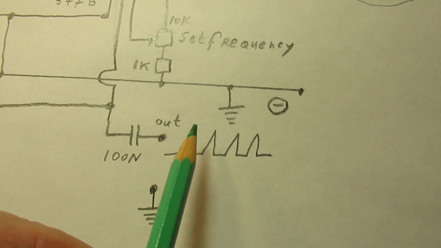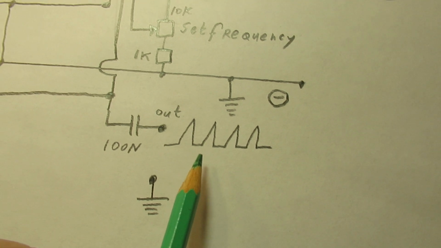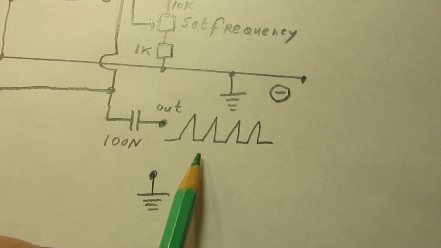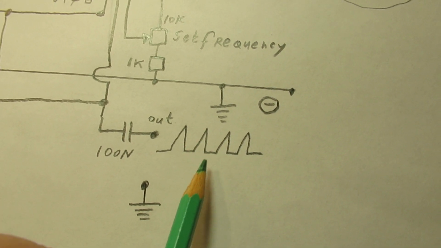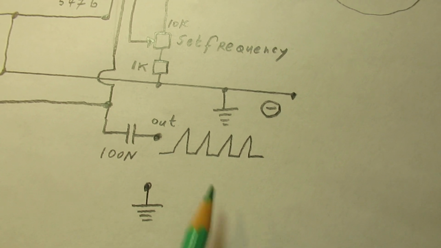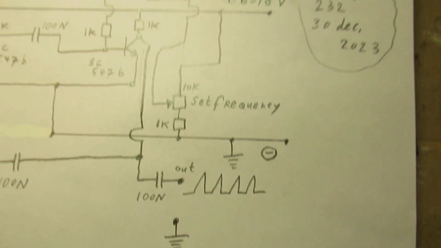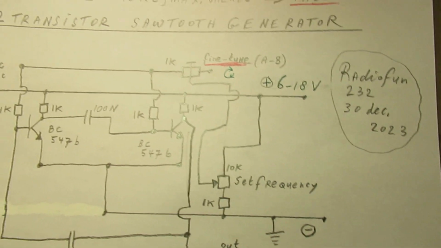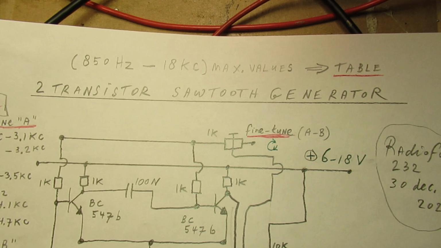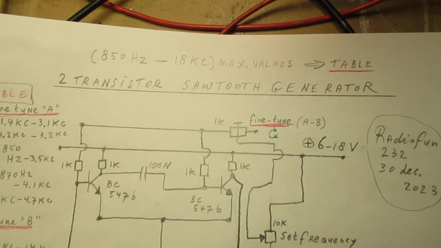So the voltage goes up, suddenly falls down. There is a kind of time delay here. Then it goes up again, falls down, and again that same time delay. But anyway, could be an interesting circuit. And that's also the reason why I publish it.